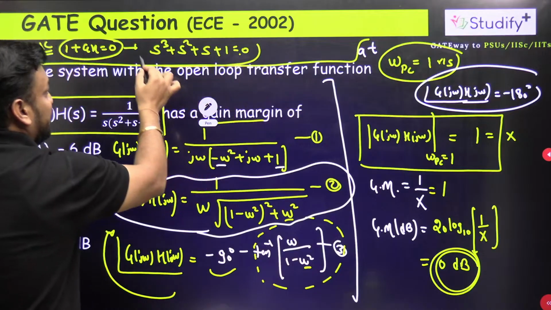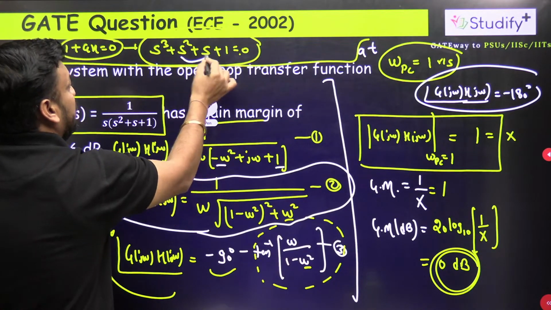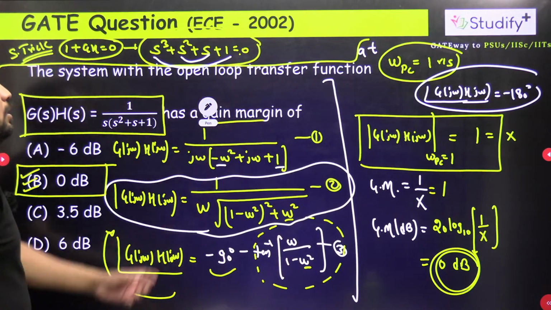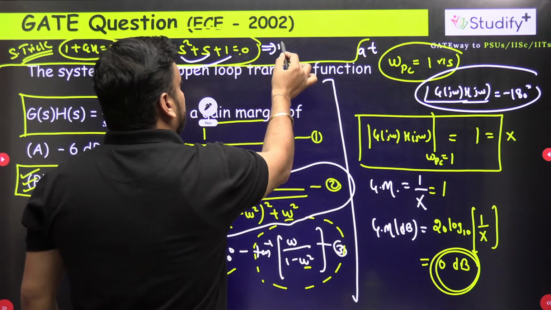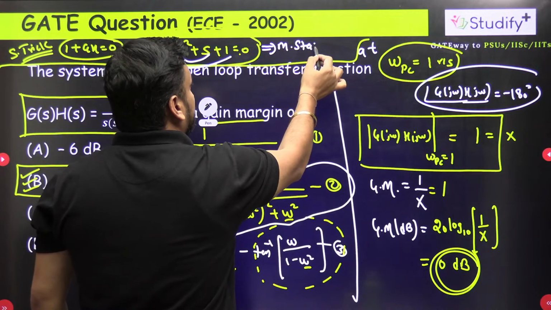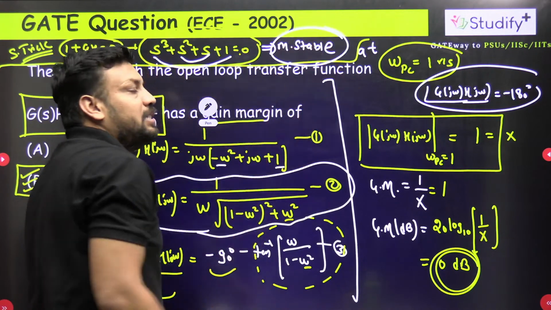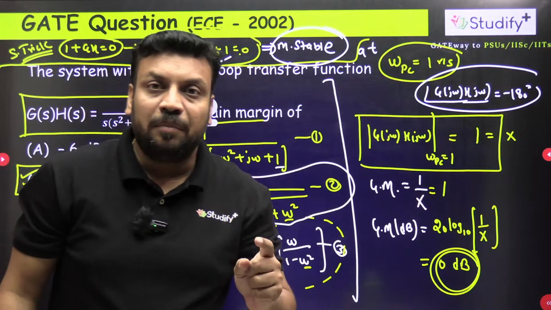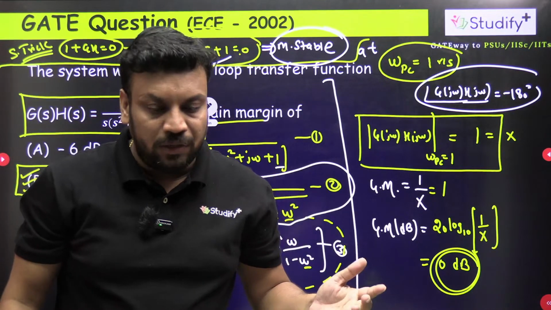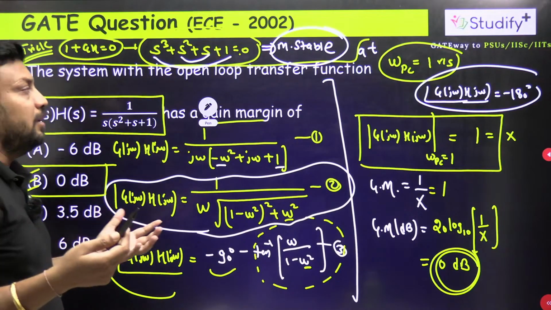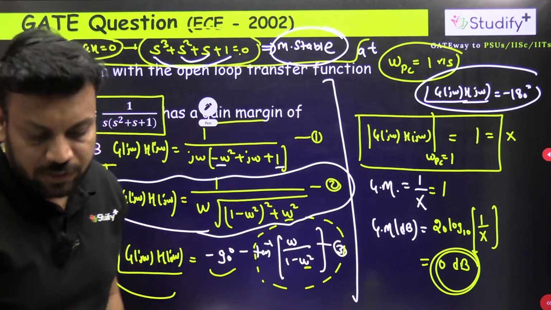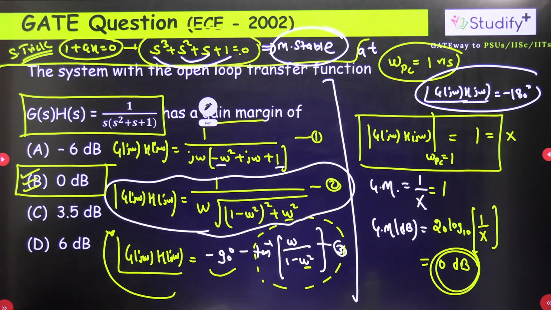Don't you think in this characteristic equation BC equal to AD? BC equal to AD means the system is marginally stable, and for a marginally stable system, gain margin and phase margin will always be 0. Gain margin 0 dB was sure to come. So method number 2 is so easy, only 5 to 10 seconds is sufficient.